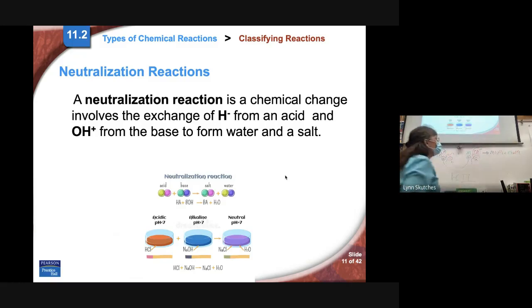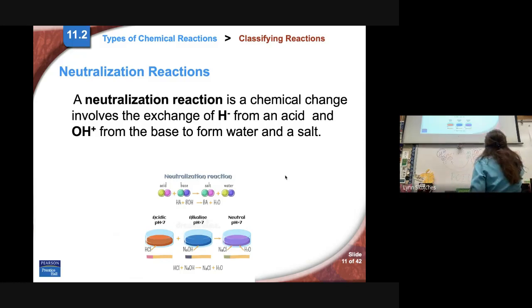Okay. So guess what? When you put hydrogen with hydroxide, you make water. Okay, and then the other two are the metal with a non-metal.